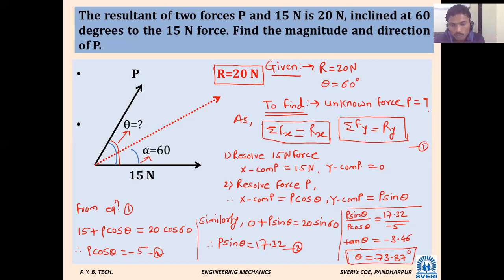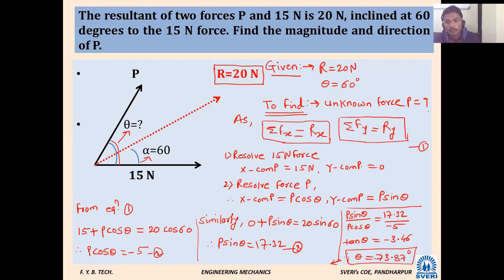From this theta, is it possible to calculate P? Can you find P from this? Theta is known. Either you can put in P cos theta equal to -5 or P sin theta equal to 17.32. If you put theta, which value will remain unknown?